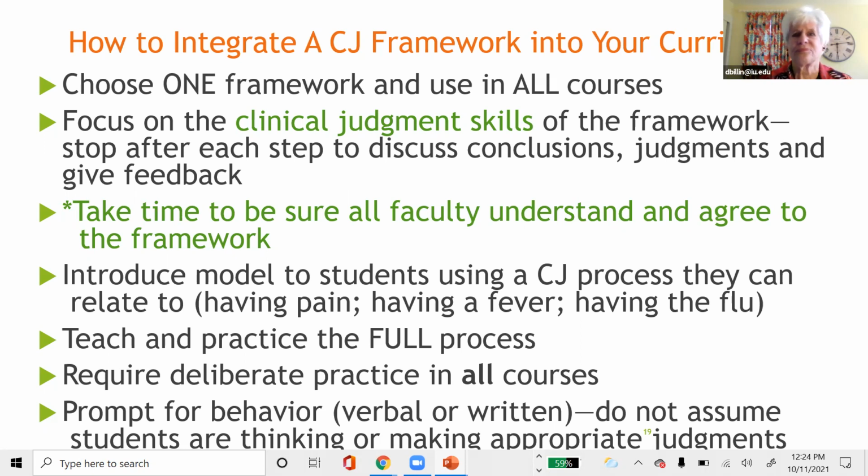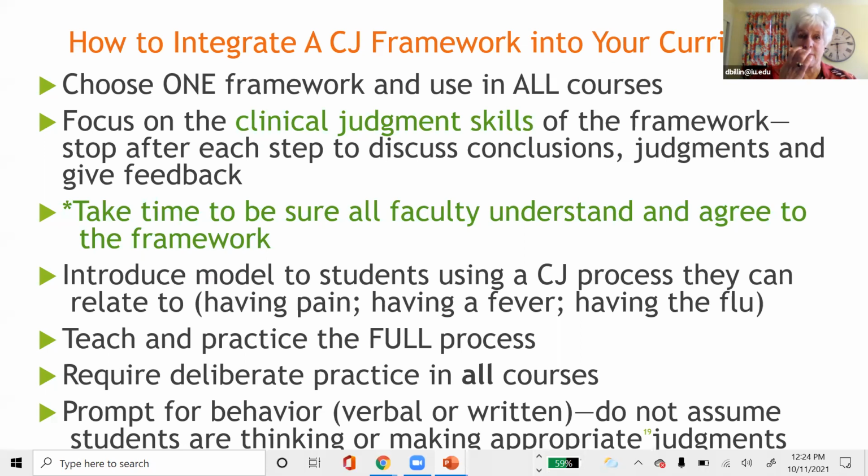The other thing I've noticed when I've talked to faculty about doing this is that everybody more or less needs to be on board. At the summit, we talked about how some of your faculty are part-time, and some only teach clinical courses. We want to make sure everybody understands what the framework is and how to use it.